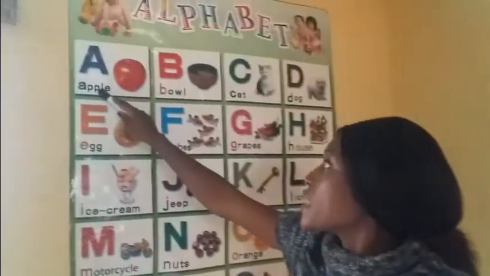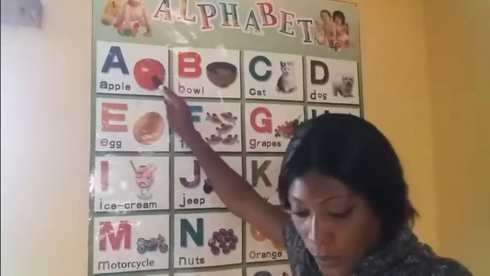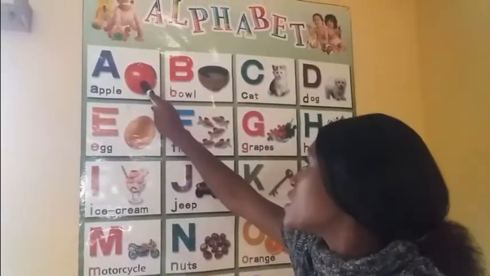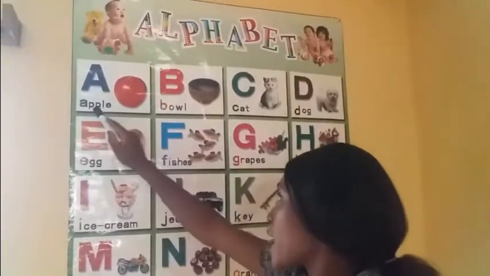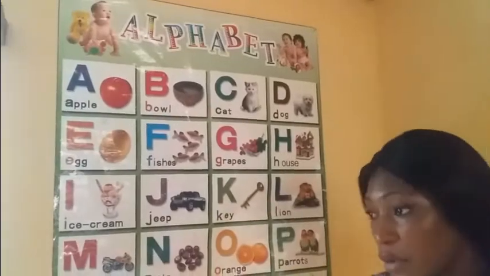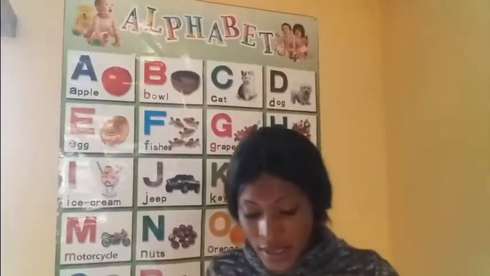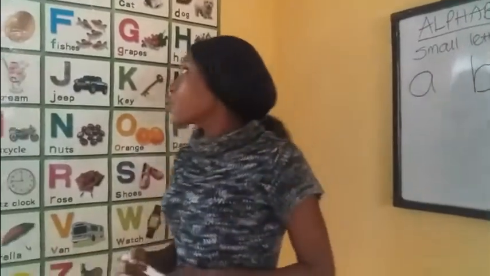Now A is for apple. An apple is an example of objects that begin with letter A. We have other examples like ant, aeroplane, axe, and so on.